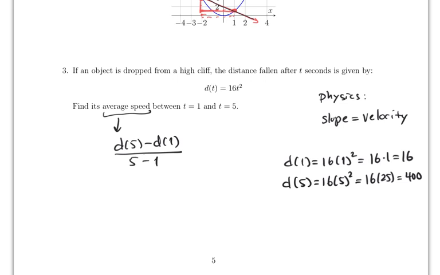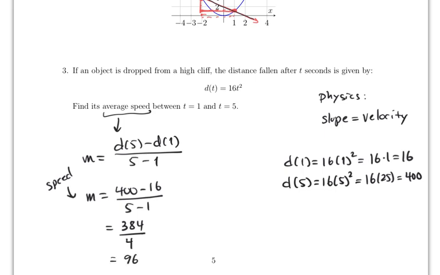So therefore, you plug it into the slope, which, remember, is the speed or velocity. Then this is going to be 400 minus 16 over 5 minus 1. So this is 384 over 4. And then you use a calculator, I believe this is 96. So the speed is 96 feet per second.